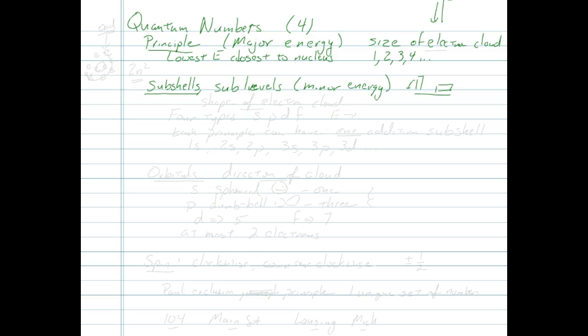This determines the shape of the electron cloud. There are several shapes, 4 types in fact.